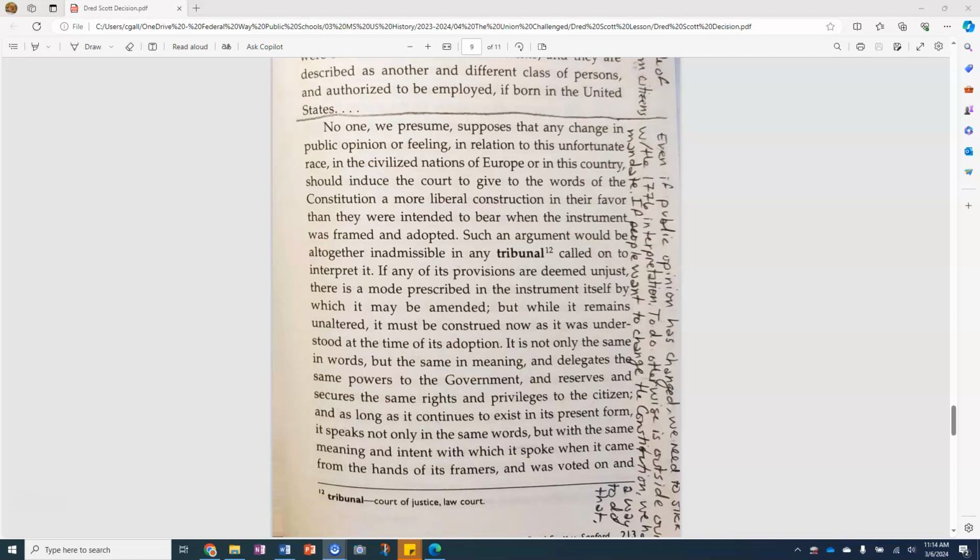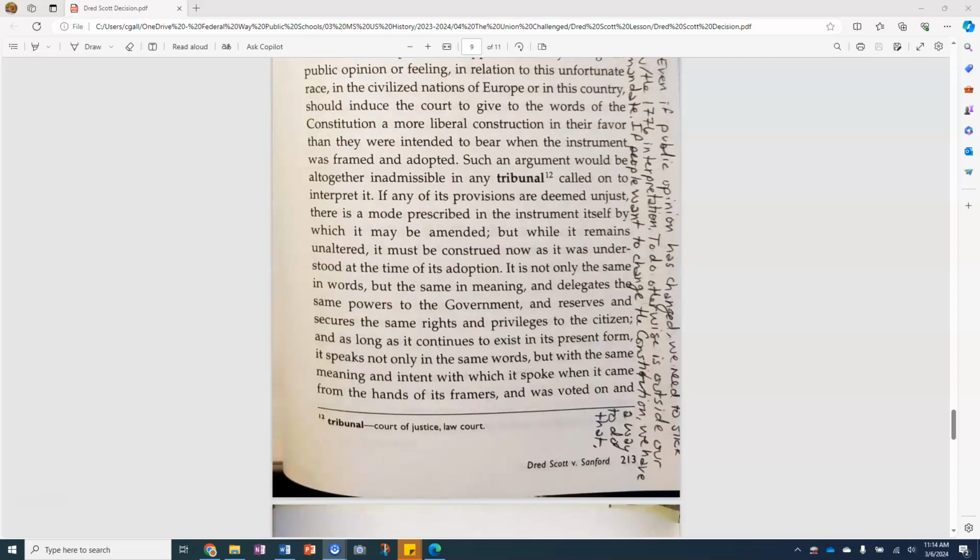But while it remains unmodified, we have to interpret it how it was interpreted at the time of its adoption. So now he's saying his hands are tied, right? He says if you want to change it, change it. And ultimately we do that with the Reconstruction Amendments. But he says for right now, this is what it says and this is what it meant. We have to stick to what they meant at the time.